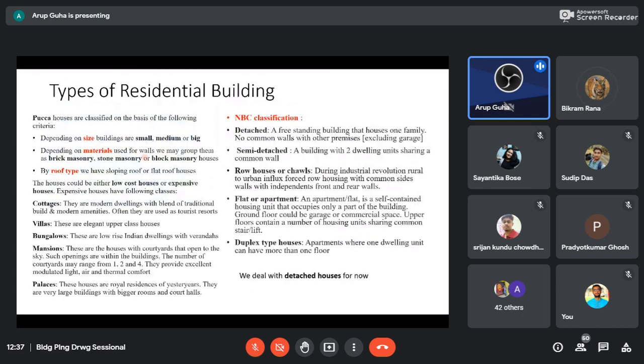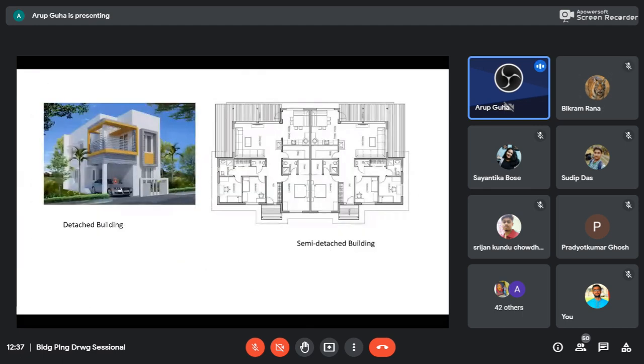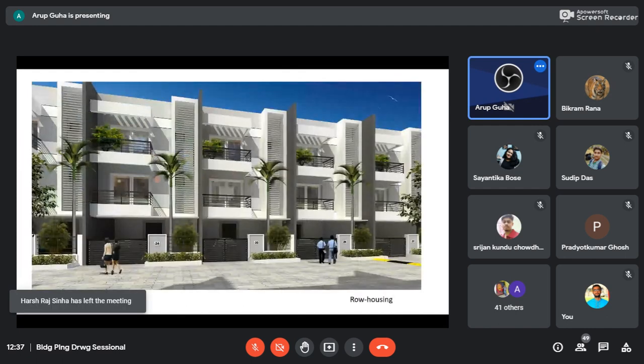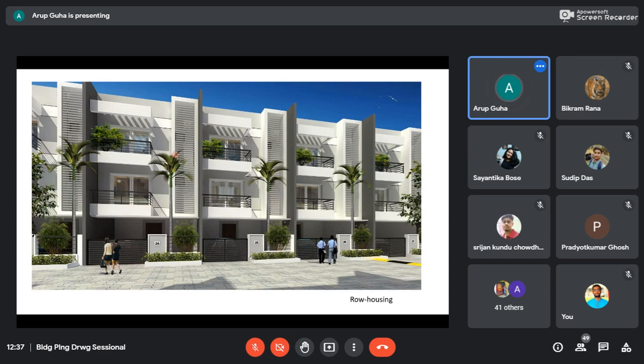মানে আলটিমেটলি যেটা বলছিলাম যে অ্যাকচুয়ালি দেয়ার আর ডিফারেন্ট কাইন্ডস অফ বিল্ডিং। আমরা এই বিল্ডিং ফর্মটাকেই টেক আপ করছি, ডিটাচড বিল্ডিং। এরপরে অ্যাকচুয়ালি হিয়ার হোয়াট হ্যাপেন্স ইজ দিস ইজ ওয়ান ডোয়েলিং ইউনিট, দিস ইজ আ সেকেন্ড ডোয়েলিং ইউনিট, সো দিস ইজ সেমি ডিট্যাচড, দিস ইজ রো হাউজিং পরপর, মানে this is actually apartment for one person, this could be for a second person, so this is actually the staircase, this is actually row housing.